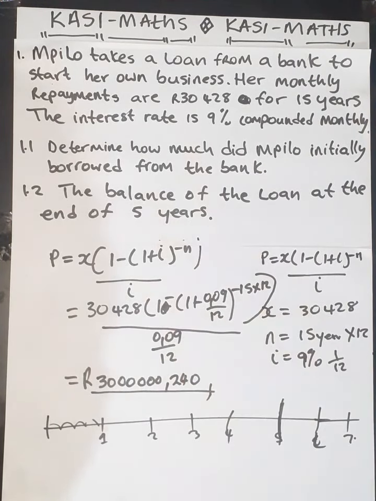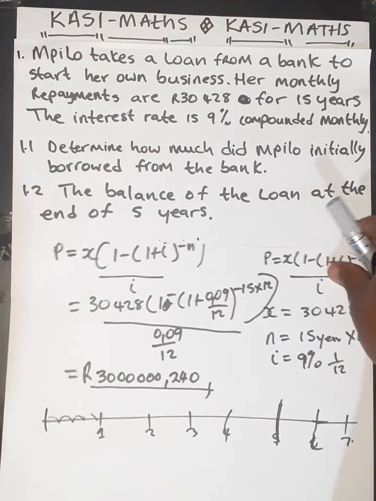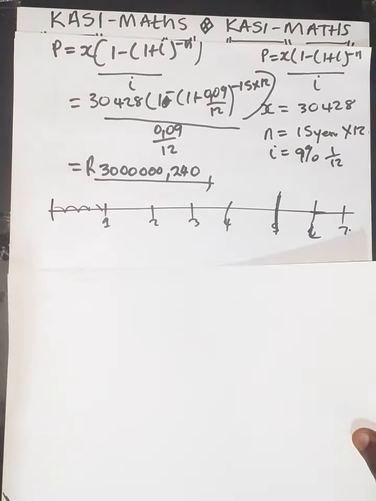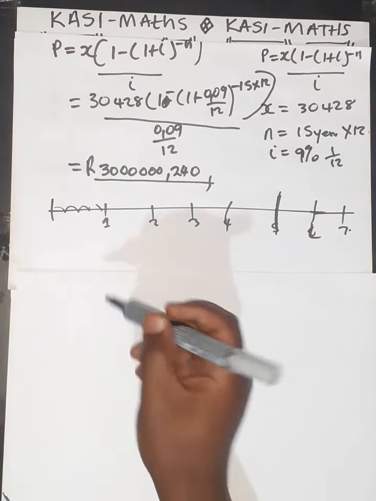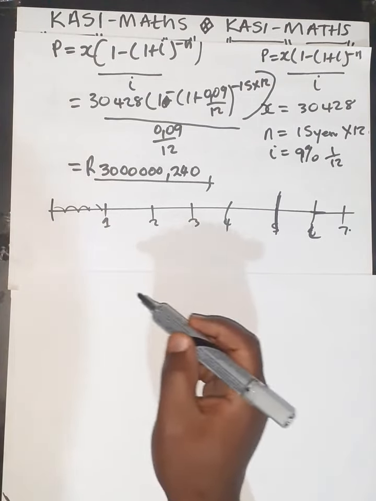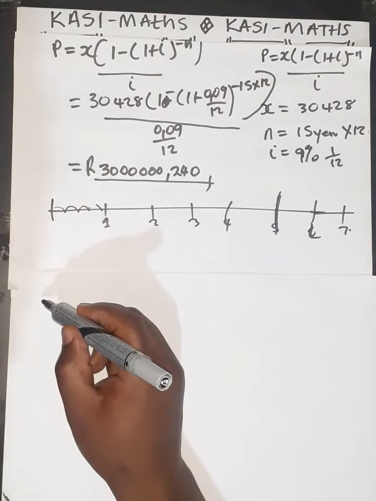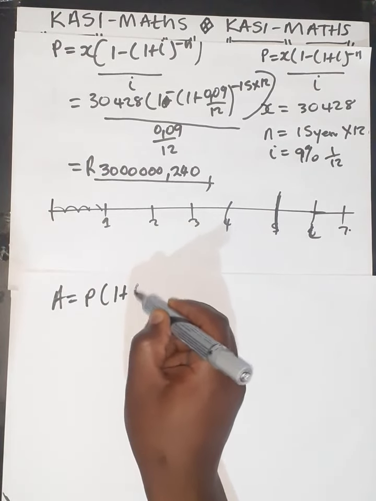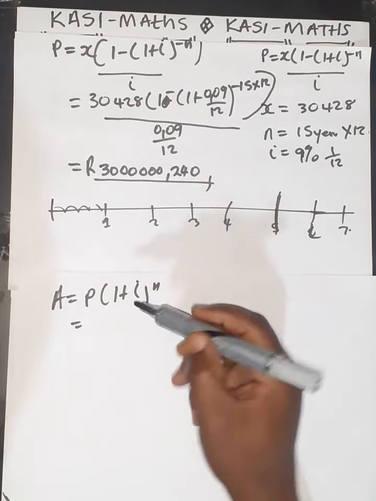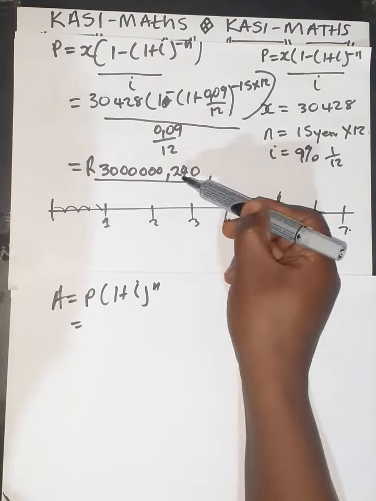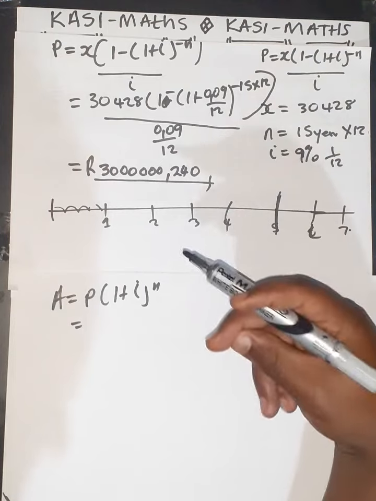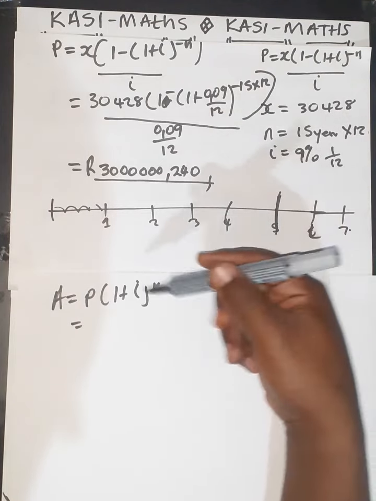So there are ways of calculating it. Okay, so we can use a future value type of formula, A equals P times (1 plus i) raised to n. This formula is for growing money that is not deposited monthly, not an annuity.